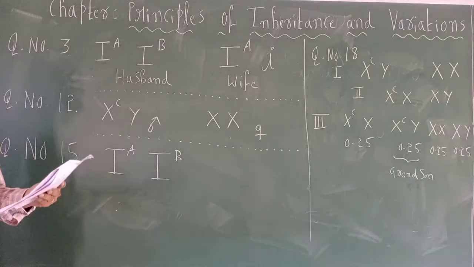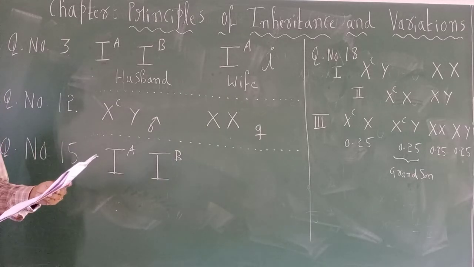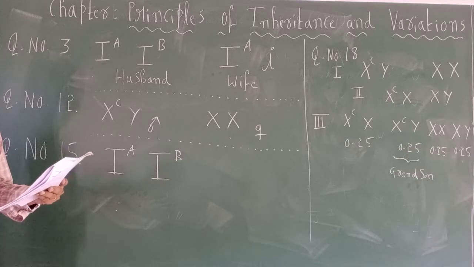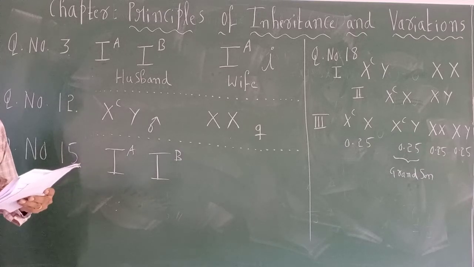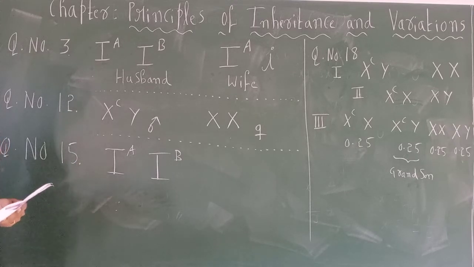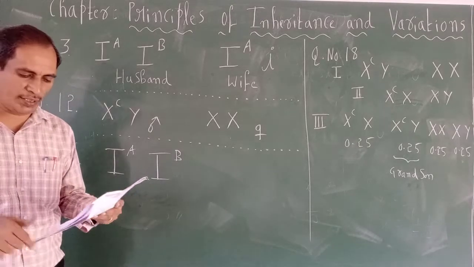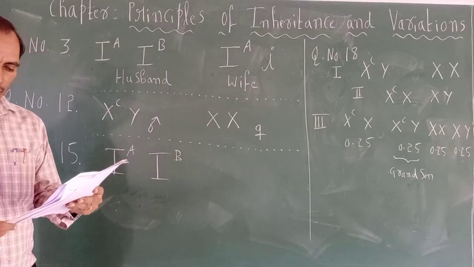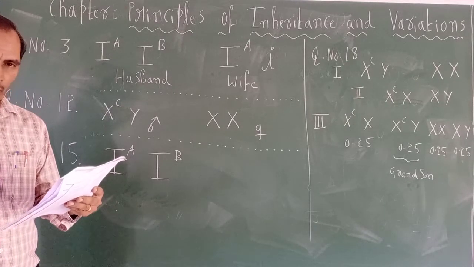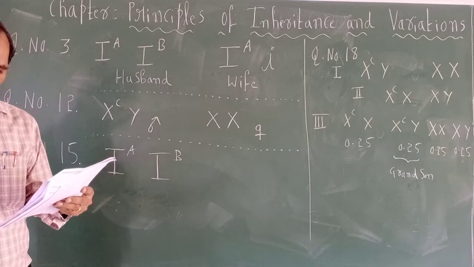In that case, what is the chance of the child suffering from that disorder? That is 25%. So the correct answer for the 26th question is option C, 25%.